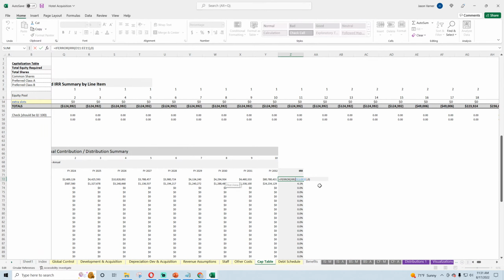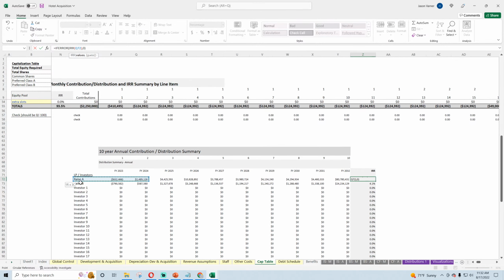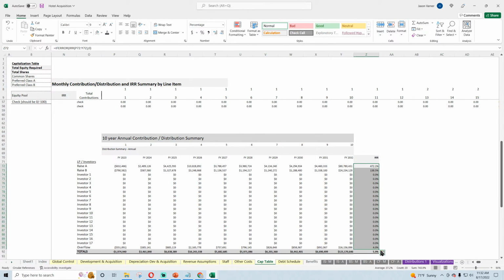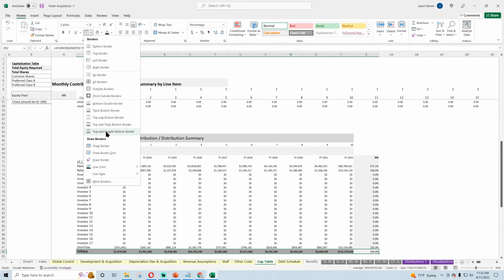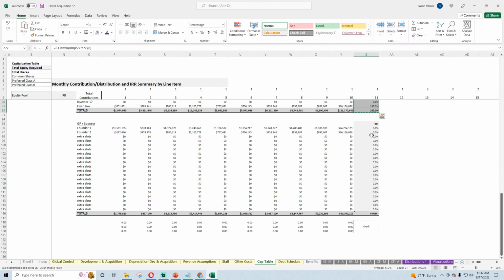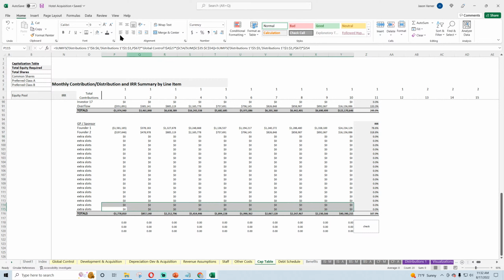So here we want the IRR of the annual. So there's that. And we can just copy that and paste it. So very simple update, but definitely needed to be done or else you'd be really confused. So that's good.